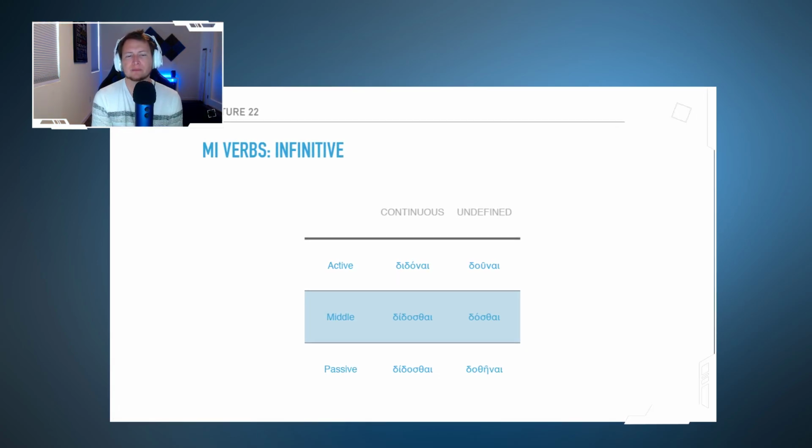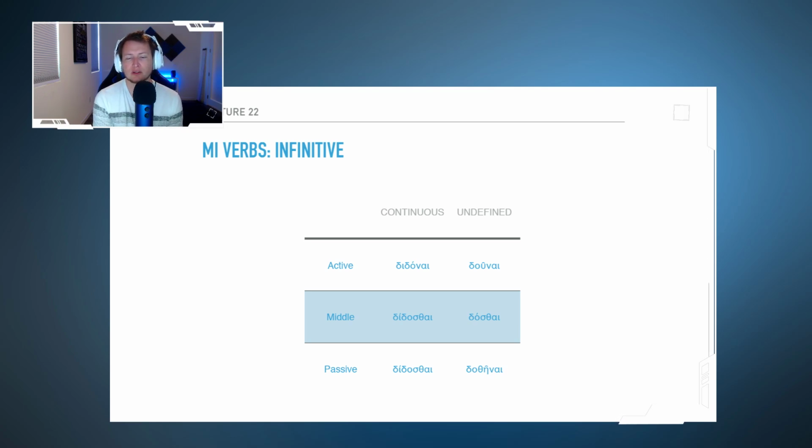For the infinitive, you can see all three, active, middle, and passive here, where the continuous is the same in the middle passive, following the same rules we've been utilizing. Didone, didoste. But the undefined has a separate one across the three. Dune, doste, dothine. Okay? So for the continuous, you've got to give continuously. If it's middle, then it would be to give oneself, something like that.